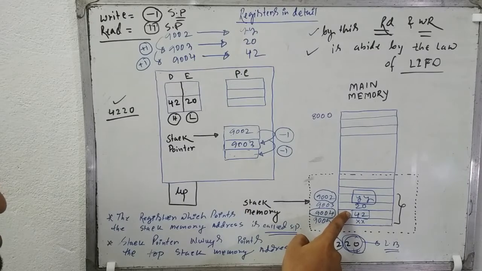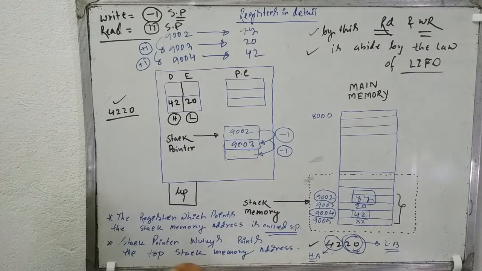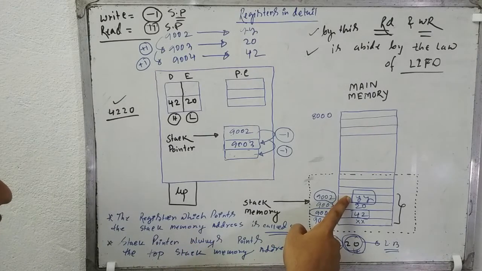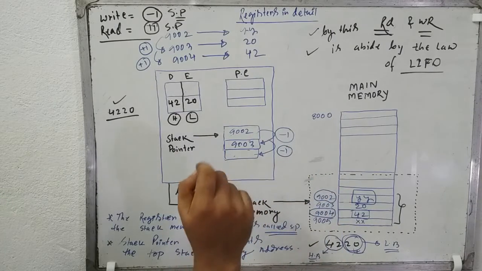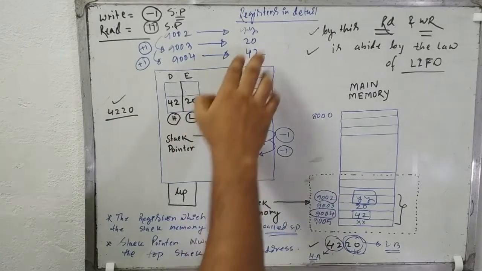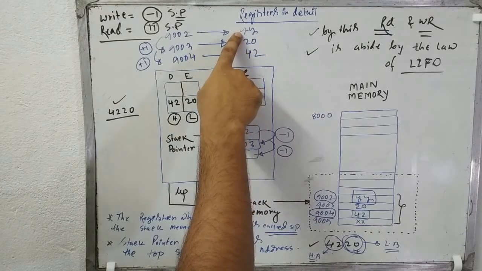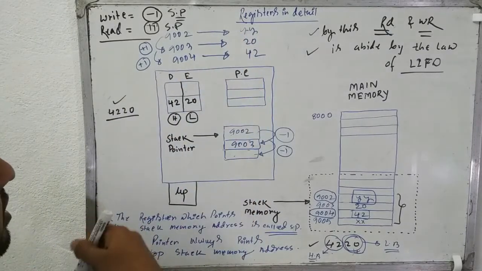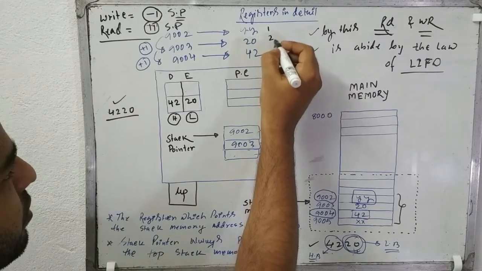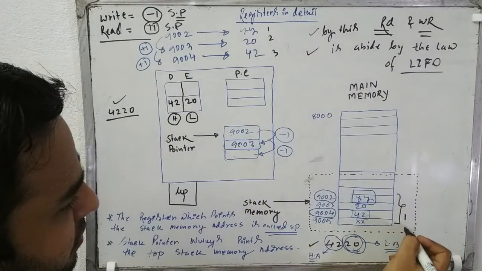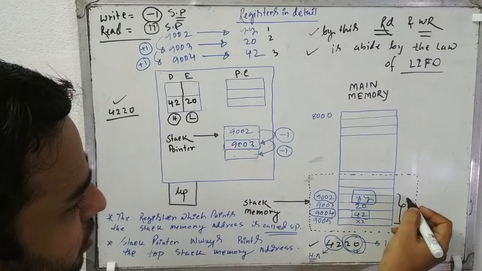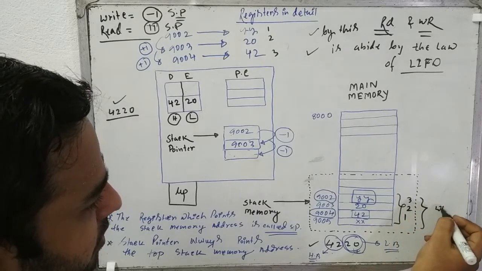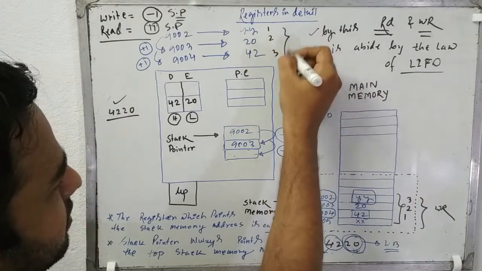In the same way, the data which was written last, which was YY in the write operation, is read first in the read operation. This will be the first one for the read operation, then second, third, but here it will be the first one for the write operation, then second, third.